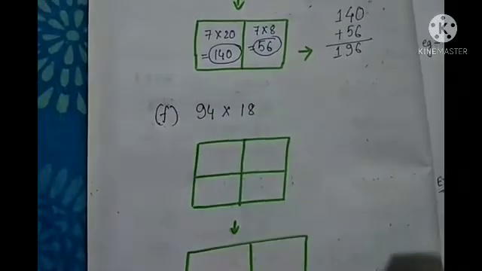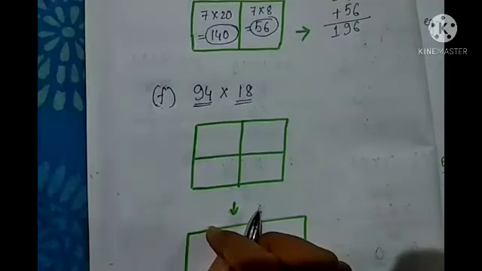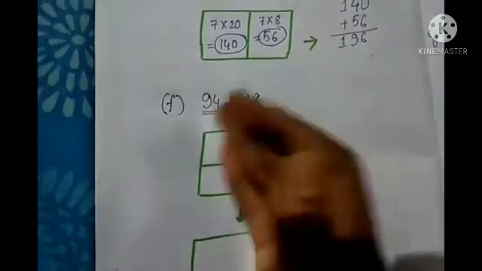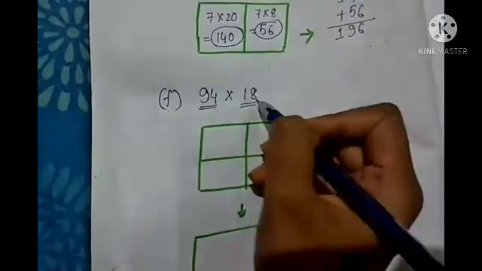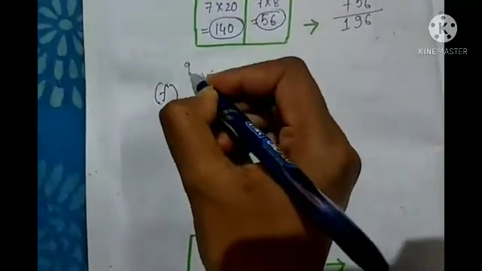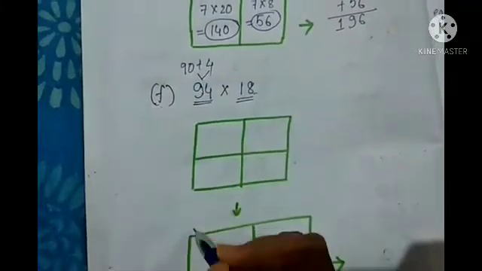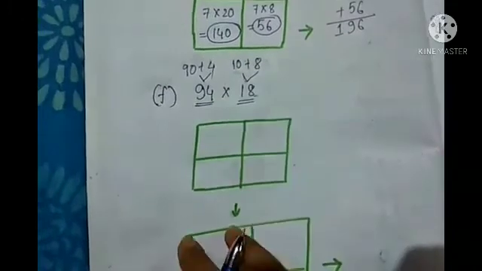So let me show you. If both the numbers are 2-digit, then how can you do? Very simple. You have to break both of them. That means you have to break 94 also, and you have to break 18 also. So if you break this number, what you will get? 90 plus 4. And if you break 18, you will get what? 10 plus 8. Is not it?